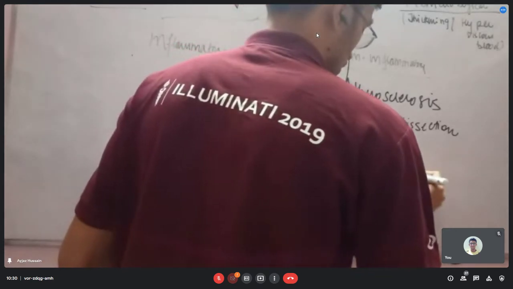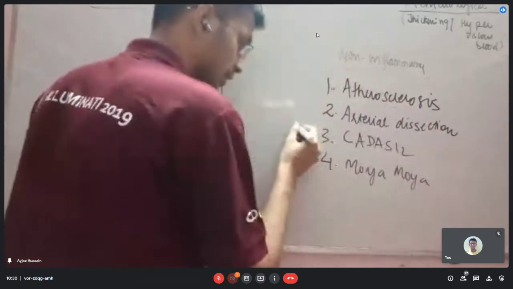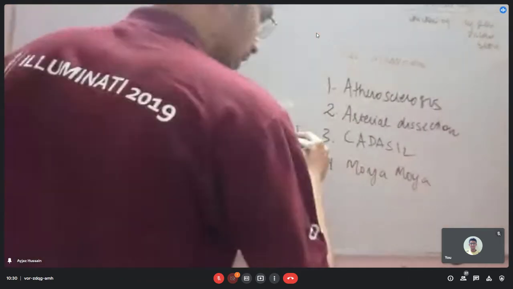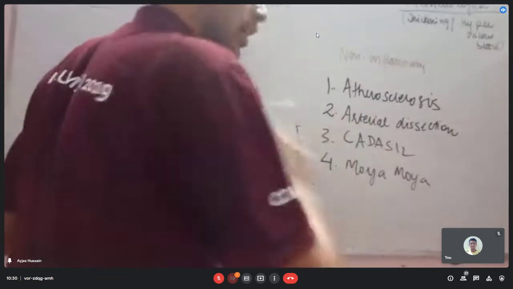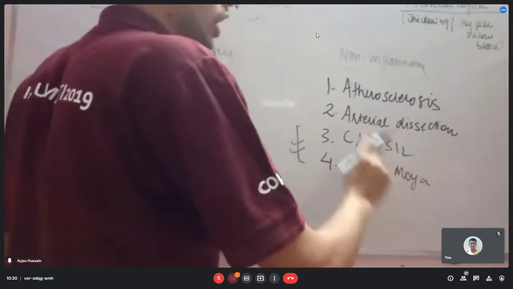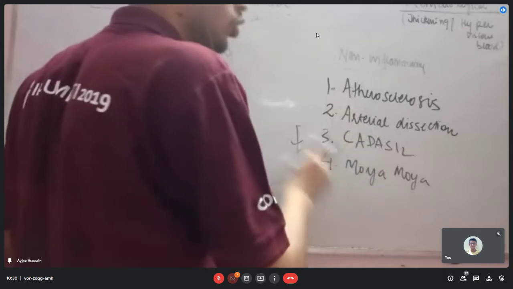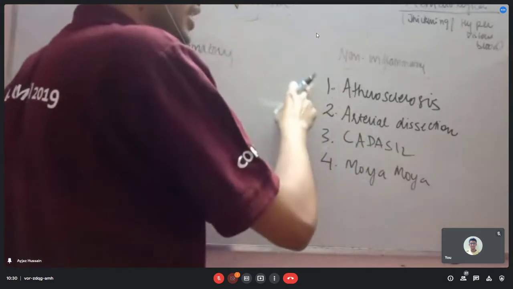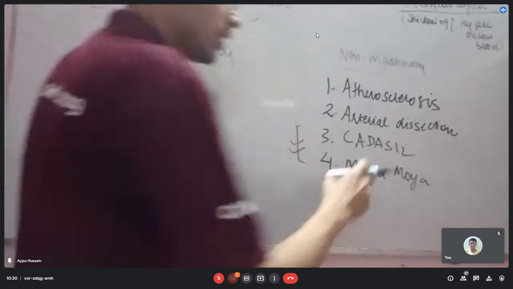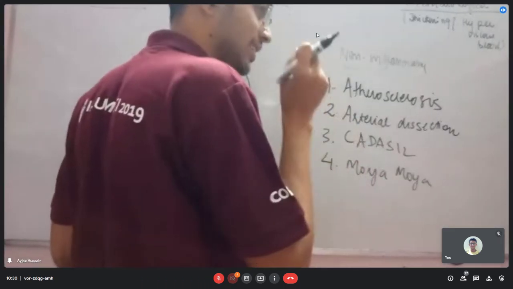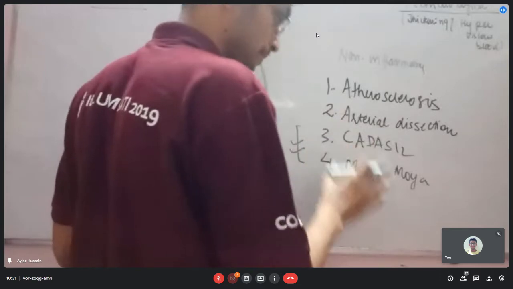These two causes are relatively uncommon, but unless you know what these are, do not utter them. You can finish by saying just atherosclerosis and arterial dissection. If you want brownie points, you can say these two, but you should know at least something about them.